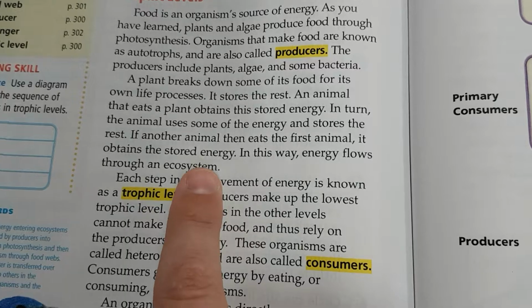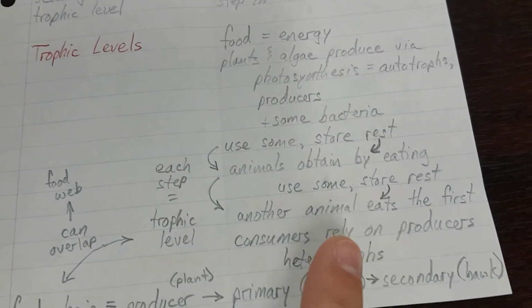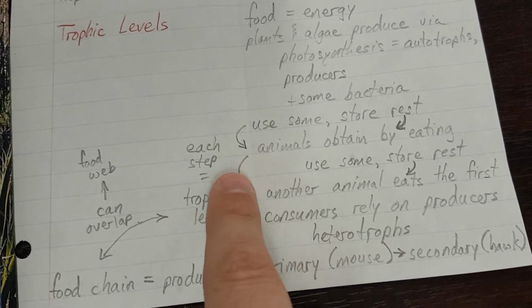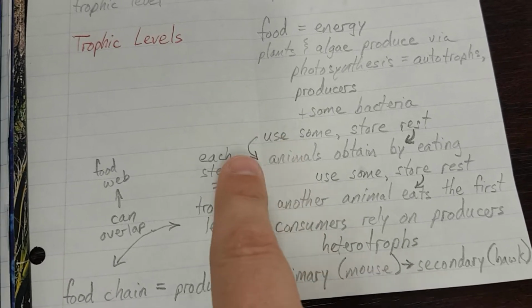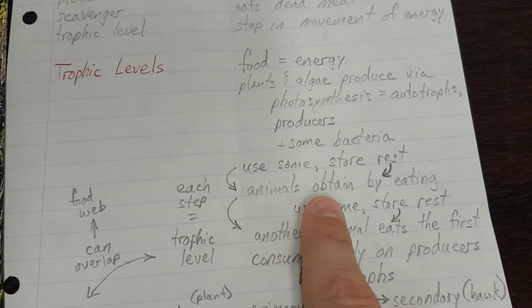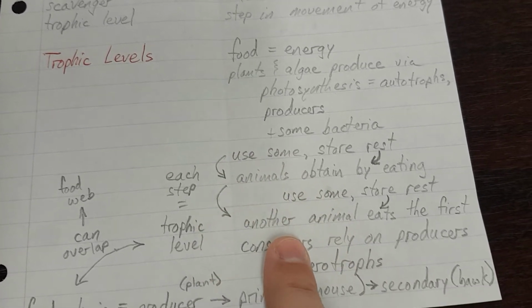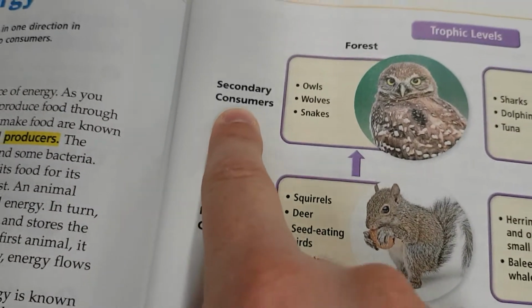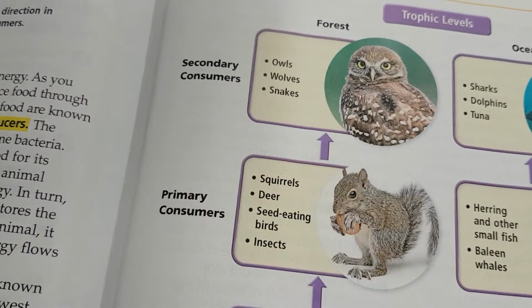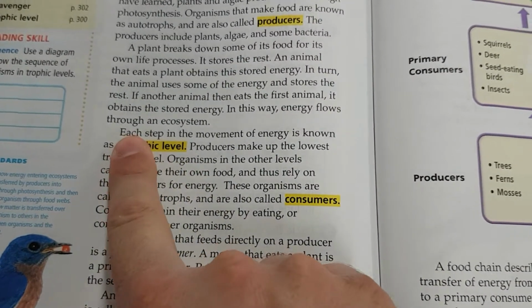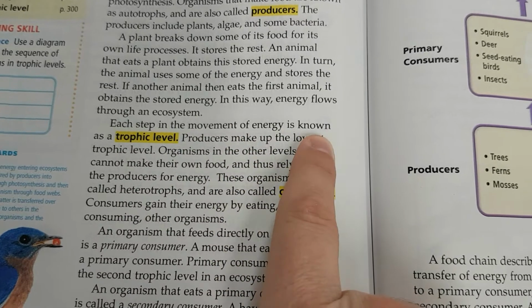All right, now, energy flows through an ecosystem. So, arrows, right? Energy is flowing from the producers to the first consumer to the second consumer. Oh, producer, primary consumer, secondary consumer. All right, where were we now? Here. Each step in the movement of energy is known as a trophic level.